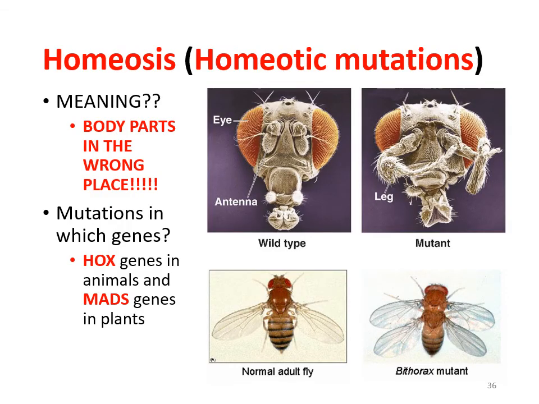Okay, so now with that genetic regulatory cascade, sometimes things go wrong, and that brings us to one of the really cool visuals of this lesson, which is homeosis, also known as homeotic mutations. And so when homeosis occurs due to homeotic mutations, that means that you end up with body parts in the wrong place.